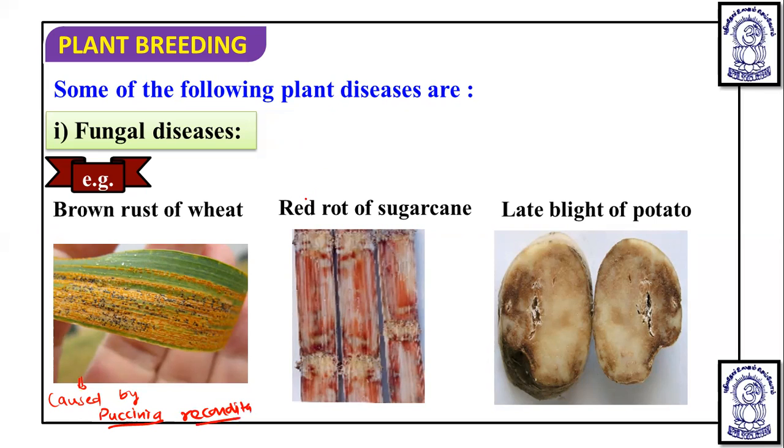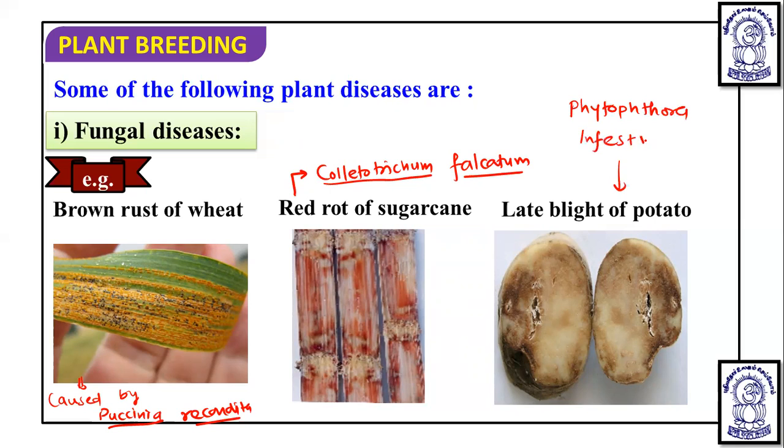Same way, red rot of sugarcane is caused by Colletotrichum falcatum, and the late blight of potato is caused by Phytophthora infestans.